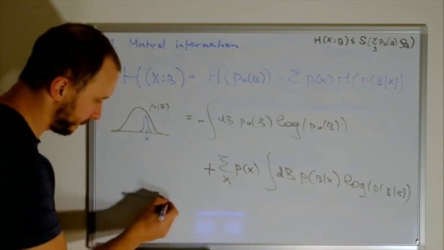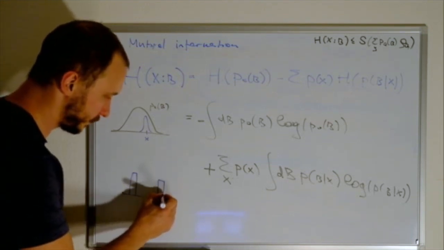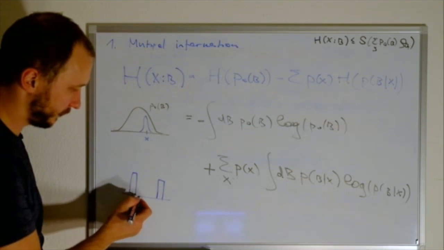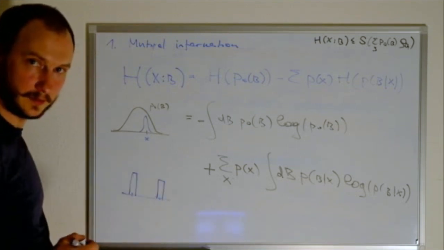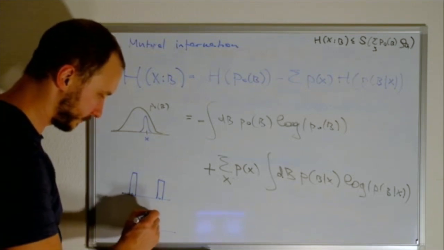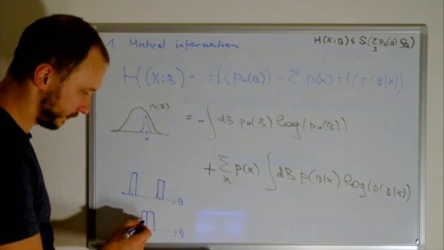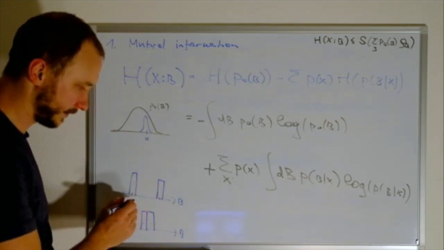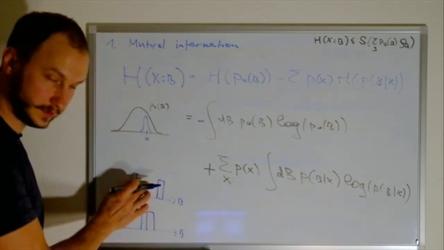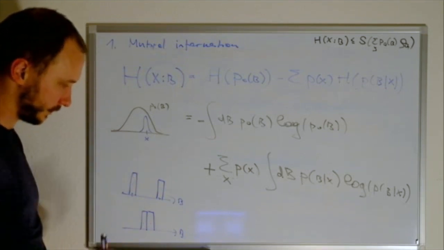If you have a distribution where we just have a value here or here, it has exactly the same entropy as a distribution where the value of the parameter is here or in the neighboring one. For the variance they're very different, because obviously this distribution has larger variance, but for the entropy they're the same.